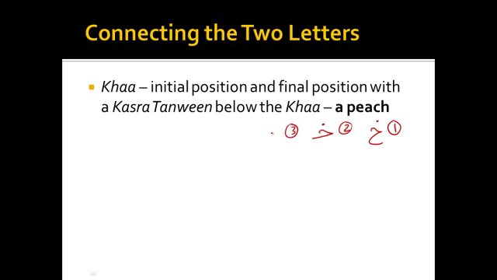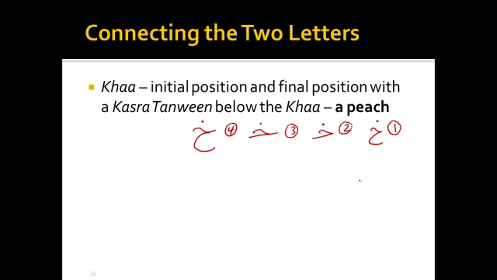We have it in the medial position. And we have it in the final position. Now, we want to write the word khukhin. Khukhin, which means a peach. Khukhin means a peach.